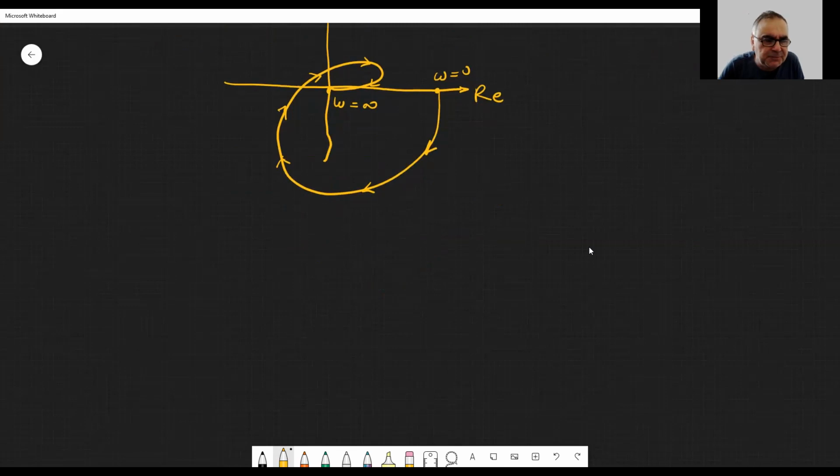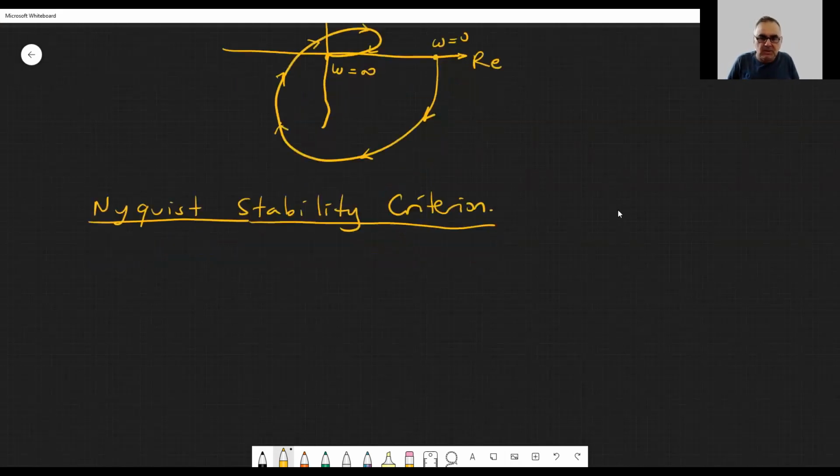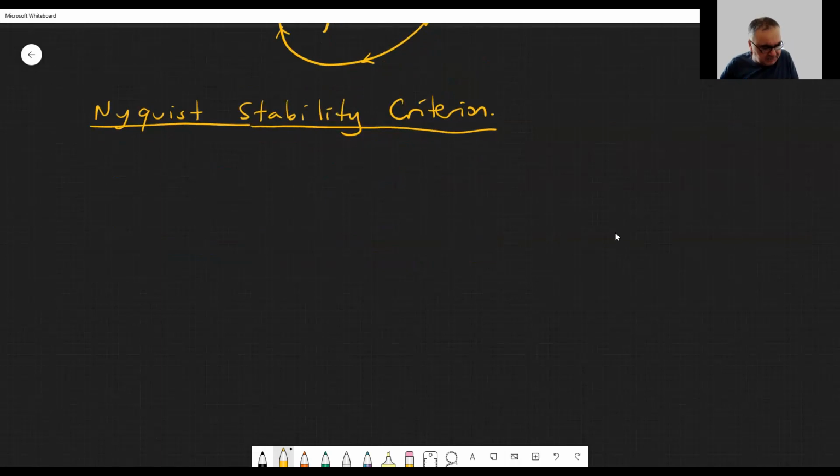Now, what is important for us is not the Nyquist plots, but rather the so-called Nyquist stability criterion. And I will give you this without a proof because its proof is rather involved. Now you have a system.